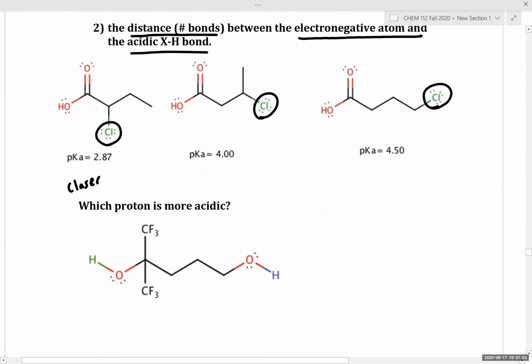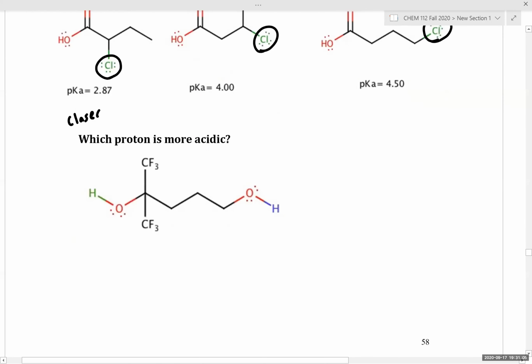Okay, so let's look at the following example. I'd like you to tell me which proton is more acidic, A or B? Which proton is more acidic, A or B? A, yep, it's closer to our electron withdrawing groups.